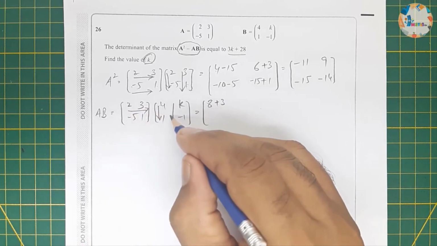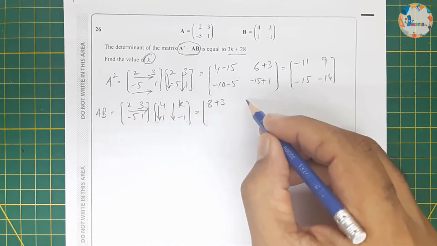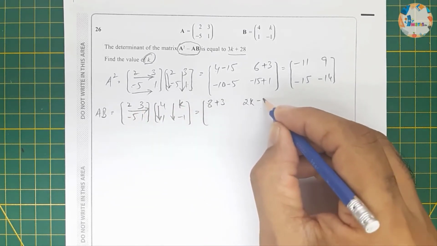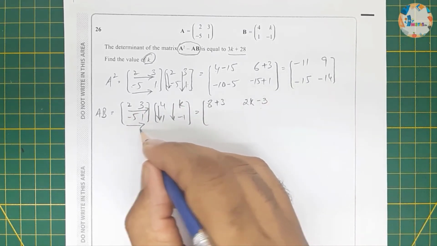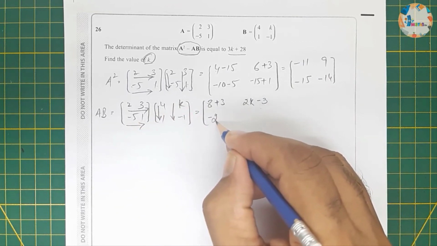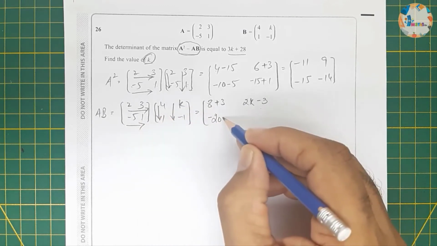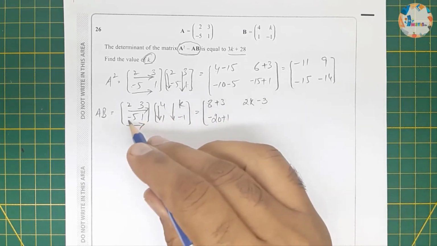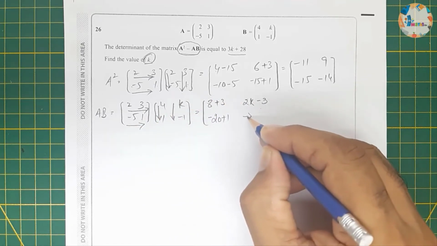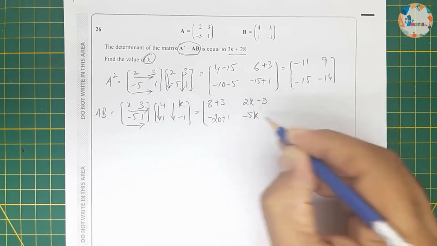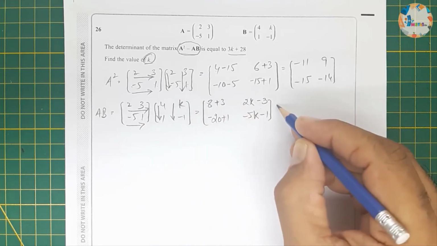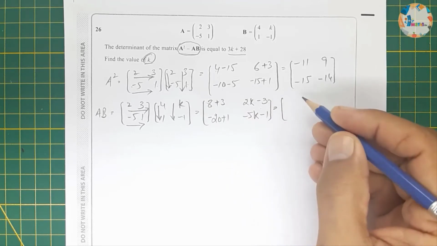Then first row, second column, 2 into K will be 2K, and 3 into minus 1 will be minus 3. Similarly, second row, first column, minus 5 into 4 will be minus 20, and 1 into 1 will be 1. Then next, second row, second column, minus 5 into K, minus 5K, and 1 into minus 1 will be minus 1. So this will be our AB matrix.